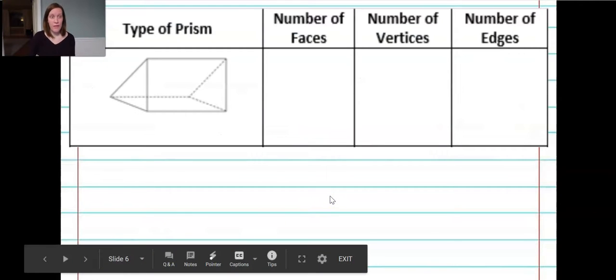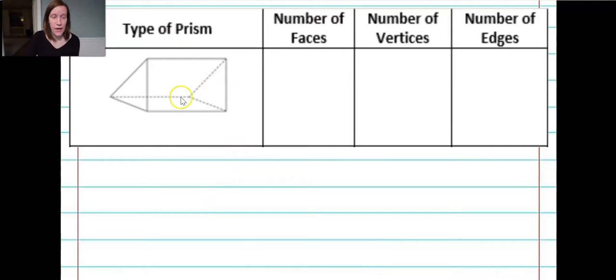So now you should have this chart, and this chart is going to go in your notebook. We are going to use this chart to classify prisms. So the very first prism I see here, I'm going to use the bases to help me classify. I see a triangle here, and it's connected by rectangles. That tells me it's a prism.